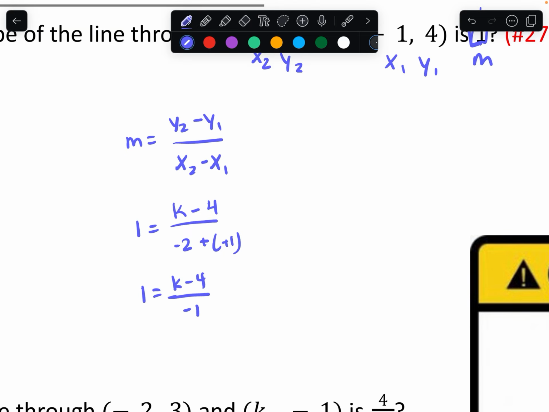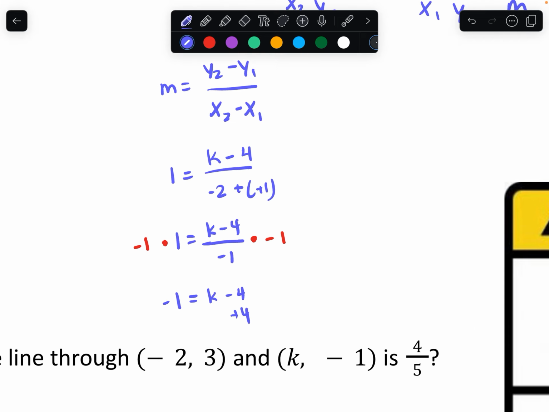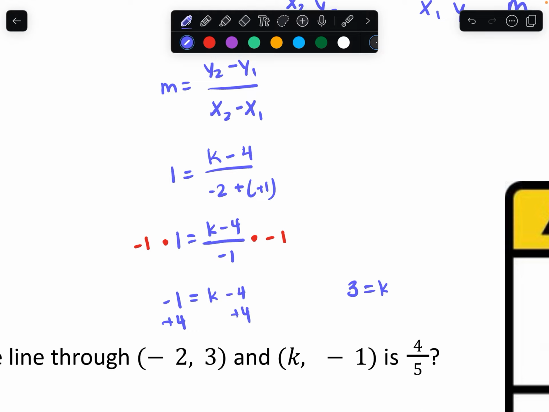And then from here, let's get rid of the fraction by multiplying both sides by -1. So I'm left with -1 equals k minus 4. Add 4 to both sides. -1 plus 4 is 3, equals k. And voila, there you go.